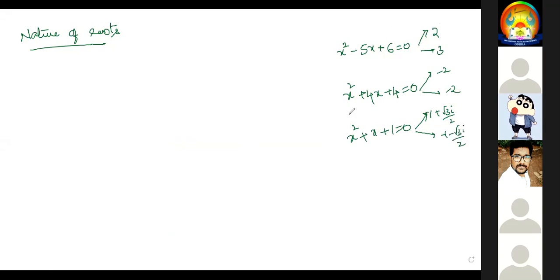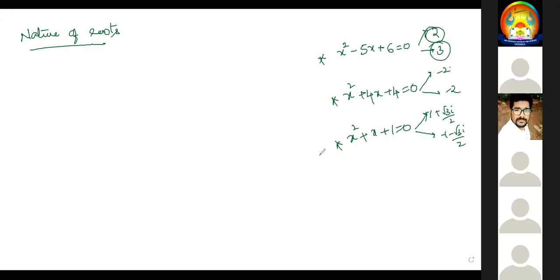That means till now we studied three types of equations. The first one with distinct roots, two different roots. Second one with two equal roots, you said multiplicity over there. And the third one with complex roots.